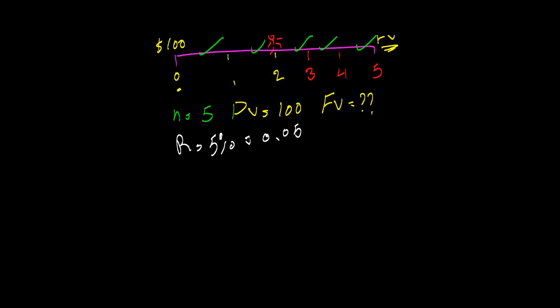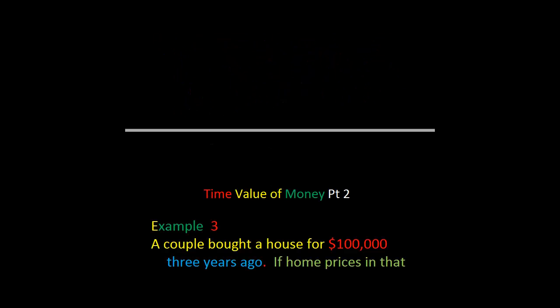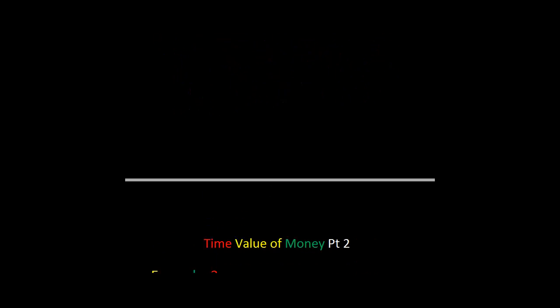So let's first write our equation. Our future value is equal to our present value multiplied by 1 plus R to the power of n. Our future value is the unknown.